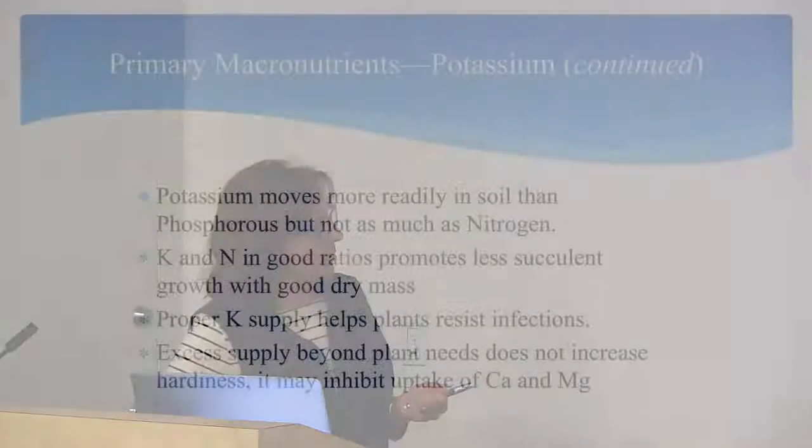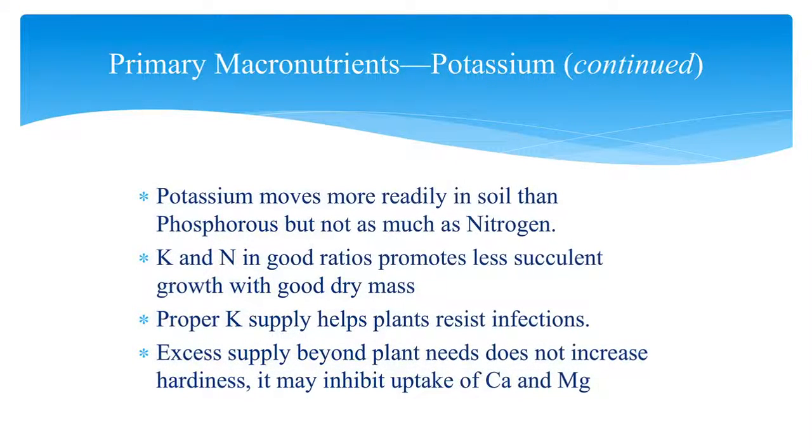Now, scorch on leaf tips can be caused by a lot of things, but it could be one of the symptoms of this. Now, it moves in the soil, not as much as nitrogen, but a lot more readily than phosphorus. And it will, again, help plants be more resistant to infections.